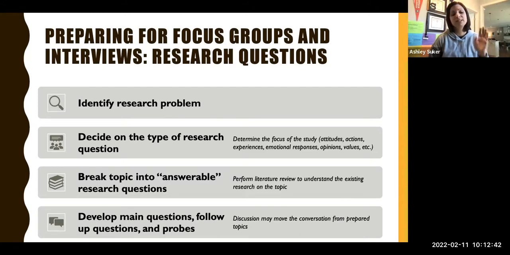Qualitative research questions tend to be more of these attitude, opinion, actions based than a black and white research question. You need to then break the topic into answerable research questions.